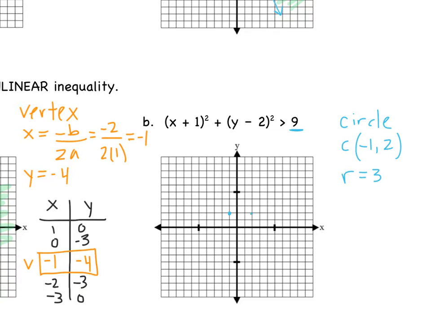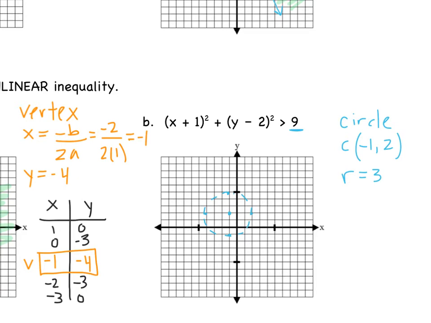From my center up 3, I'm at negative 1, 5. From my center left 3, I'm at negative 4, 2. And from my center down 3, I'm at negative 1, negative 1. And now to graph this, we have a dashed circle through these points.